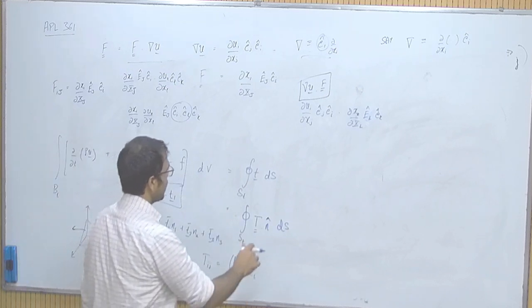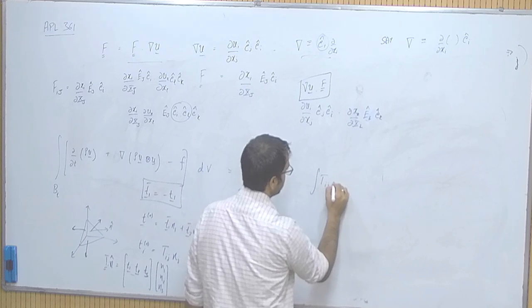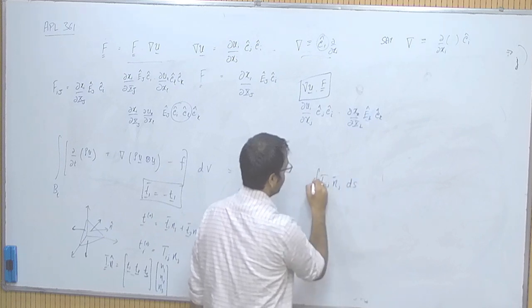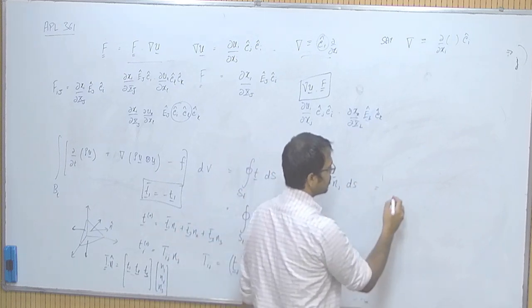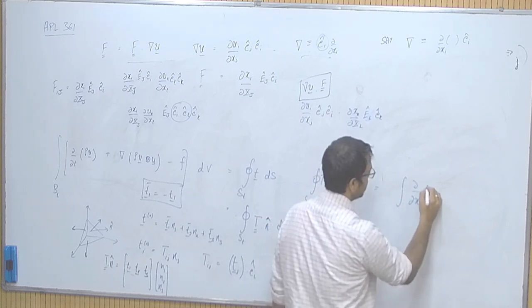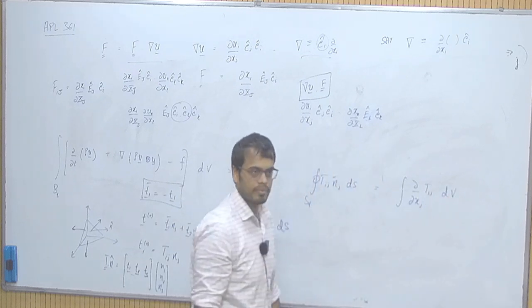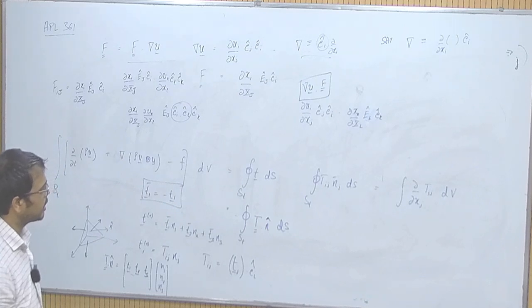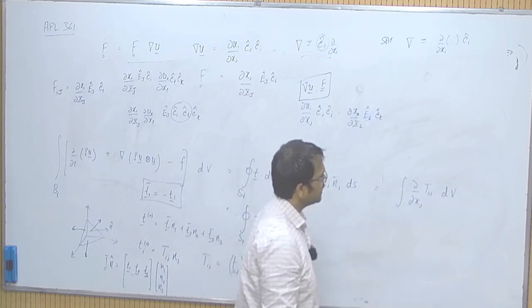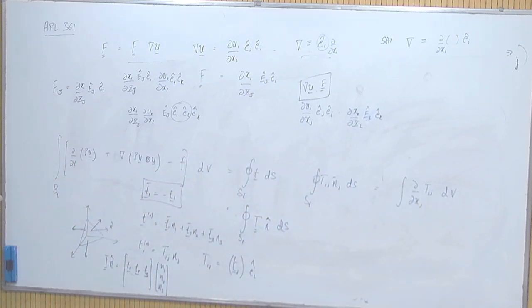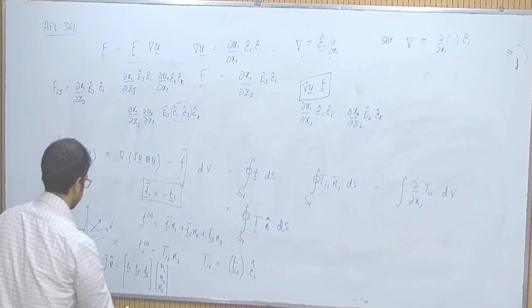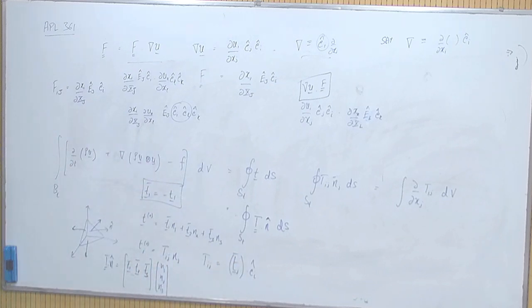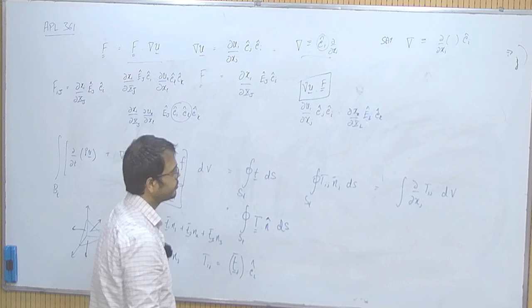So, when you write this guy Tij nj dS, we know from Gauss divergence theorem that this is actually going to be del by del xj Tij dV.